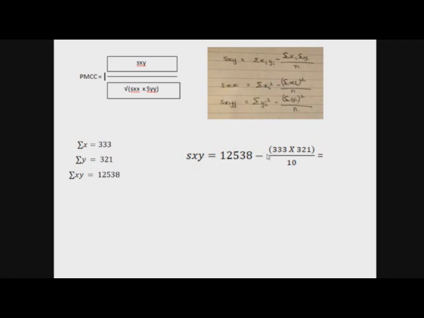Then you minus the fraction, which you put on your calculator: the sum of x, which is 333, and the sum of y, 321, divided by 10. That will give you SXY, and the value for SXY is 1848.7.